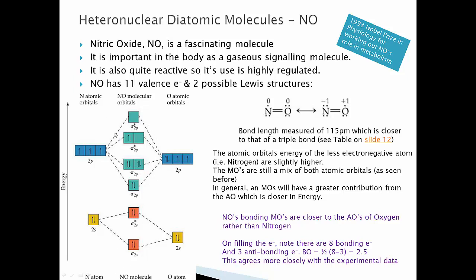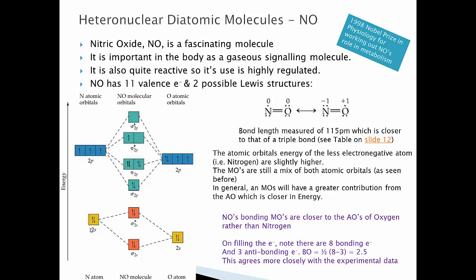Normally when we have the combination of these atomic orbitals, the less electronegative atom is slightly higher in energy. In this case it's our nitrogen. When the molecular orbitals are mixed, the greater contribution comes from the atomic orbitals that are closer in energy.